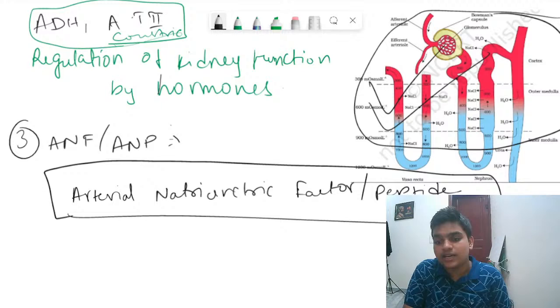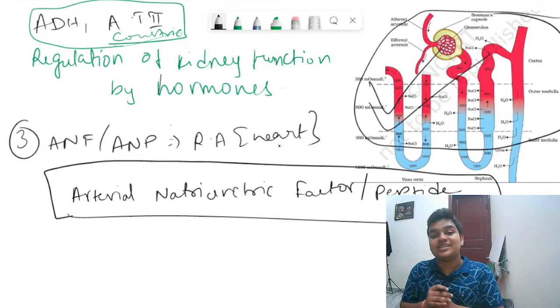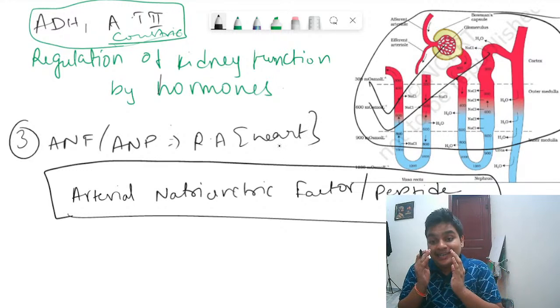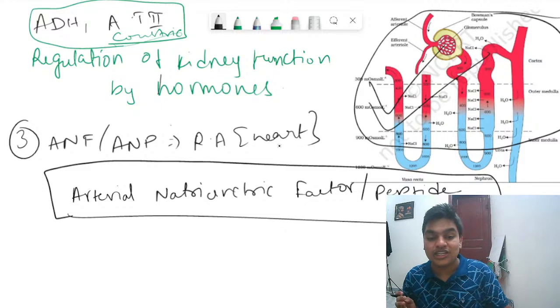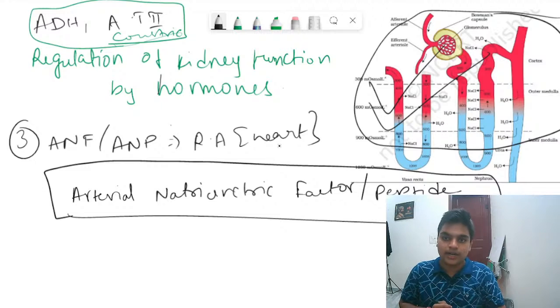This is generally secreted by the right atrium of the heart, and it has an antagonistic function to the previous hormones which we have discussed, that is ADH and AT2.